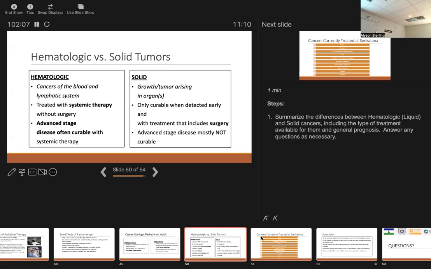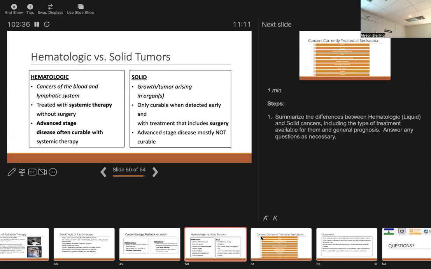And an advanced stage hematologic cancer is often curable, even with only systemic therapy. An example of this is a leukemia. In pediatrics, acute lymphoblastic leukemia is really common. Patients with a really advanced acute lymphoblastic leukemia can be cured with just chemotherapy.